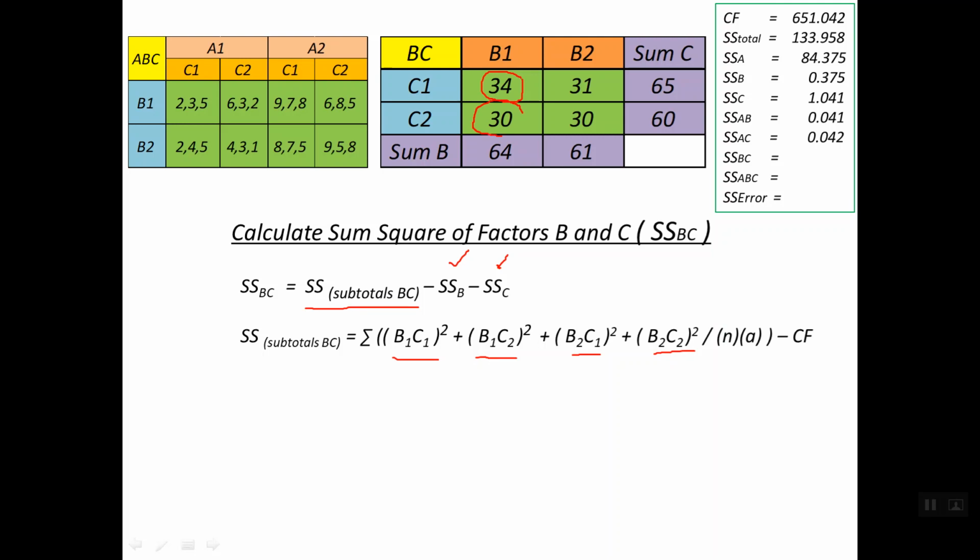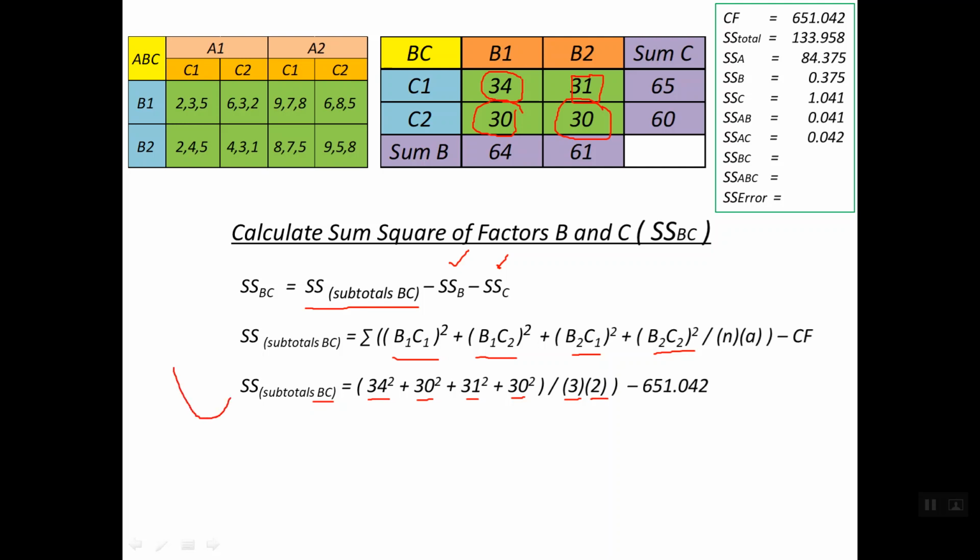This is B1C2, it's equal to 30. This is B2C1, it's 31, and this is B2C2, equal to 30. So we square all of these 4 values and sum them, divided by the number of observations in one of these combinations. Simply because we are calculating for B and C, the rest is N and A. So we multiply N times A, which is equal to 6.